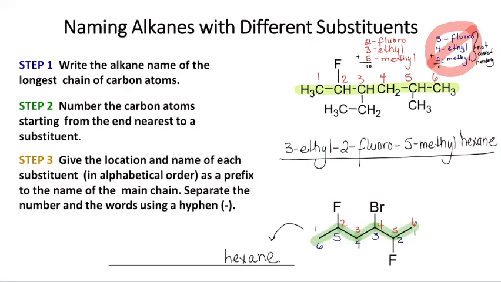In the red numbering, okay, I have 2, 5 difluoro, and I have 4 bromo. In the blue numbering, I have 2, 5 difluoro, but I have 3 bromo.